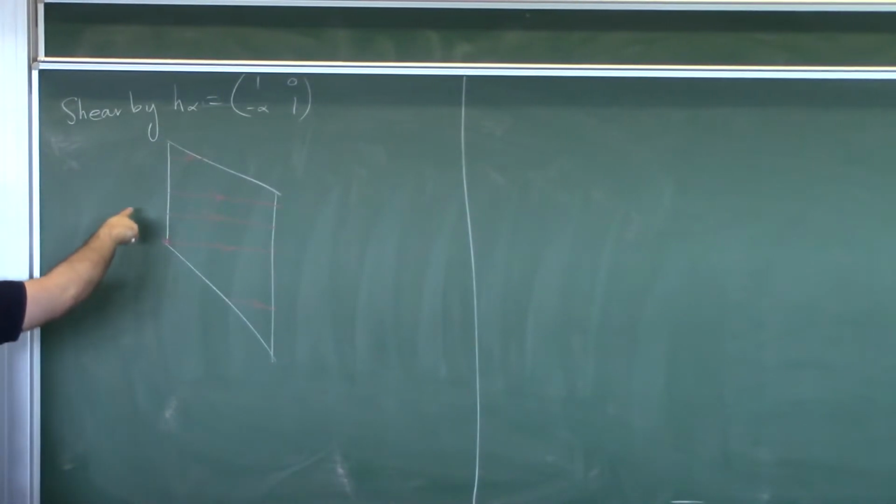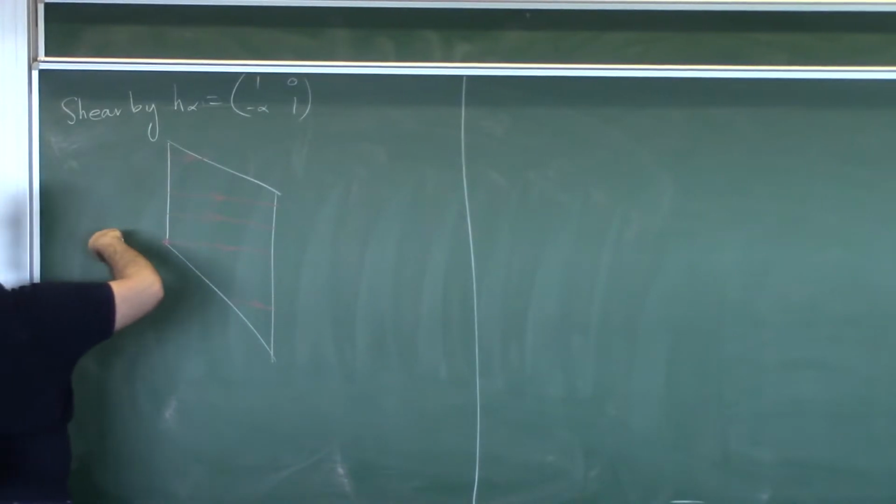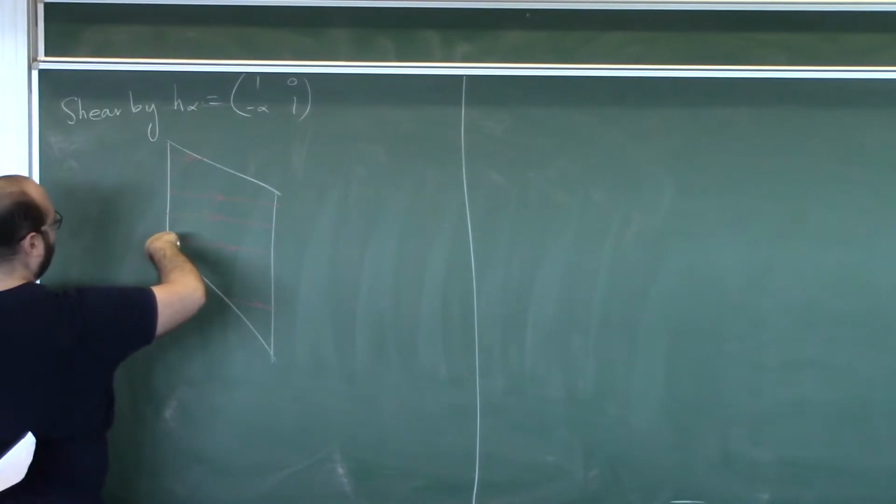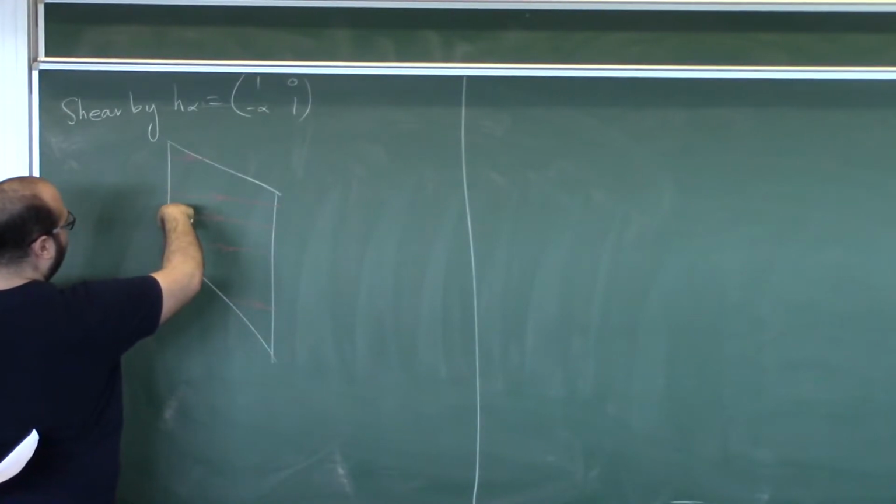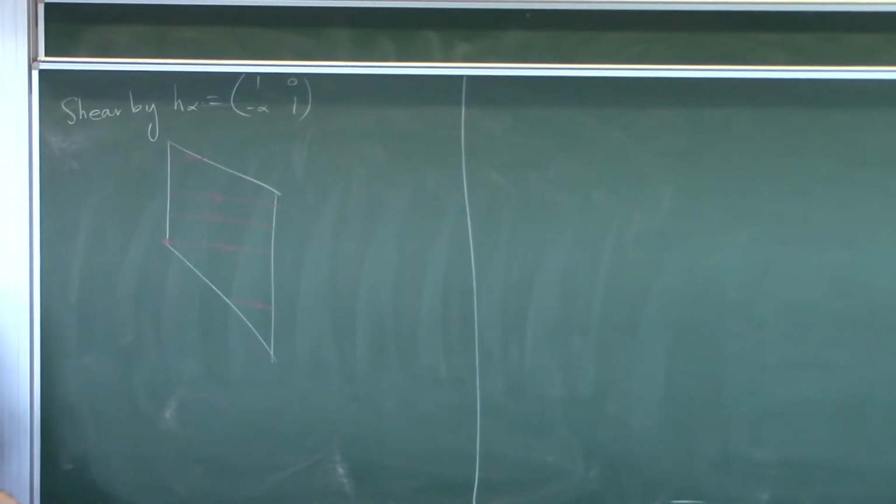And so when you shear, your line segment of slope alpha will become a horizontal line, but the vertical return times are not changed.